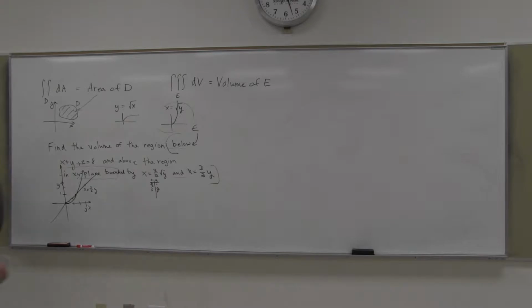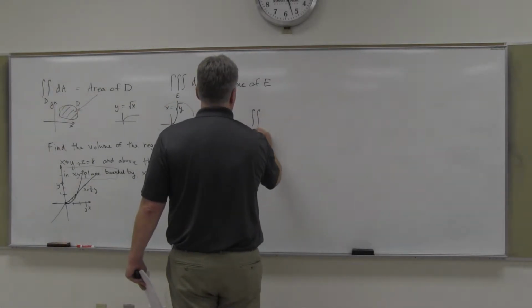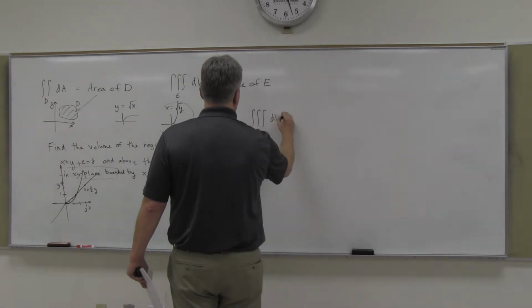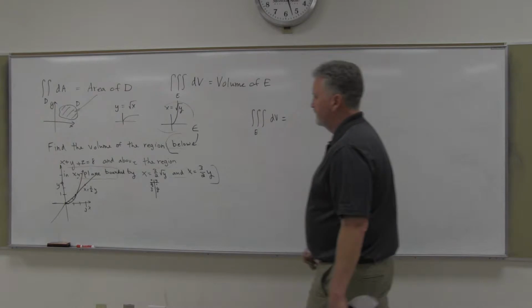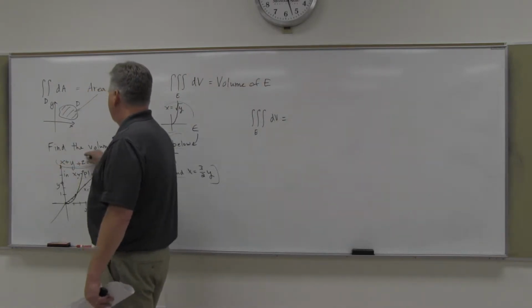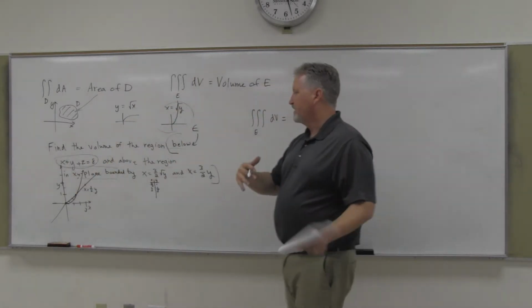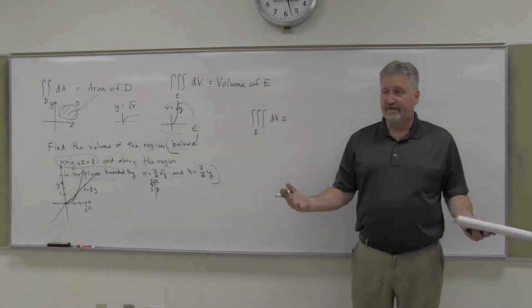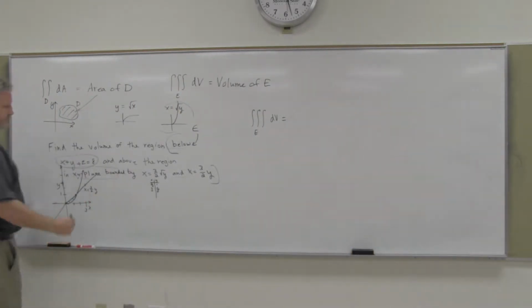So let's see. I need to set up this triple integral. Now obviously here, since we've got the x in terms of the y's, we want to do the z's first, because I can get z in terms of x and y, one way to look at it.